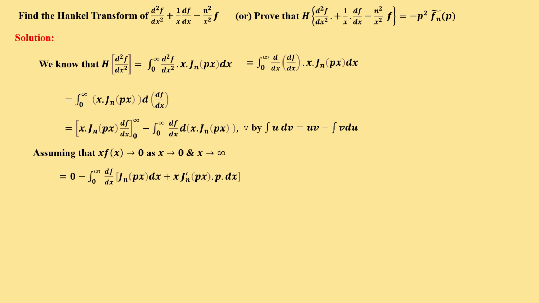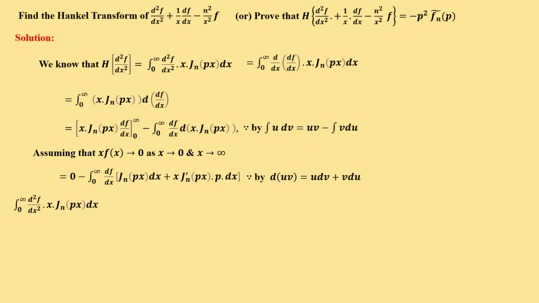We are differentiating x Jₙ(px) using the derivative of uv, u dv plus v du. So df/dx times Jₙ(px) times the derivative of x, dx, plus x times the derivative of Jₙ(px), that is Jₙ'(px), and differentiation of px gives p dx.